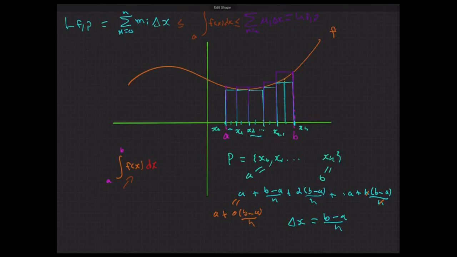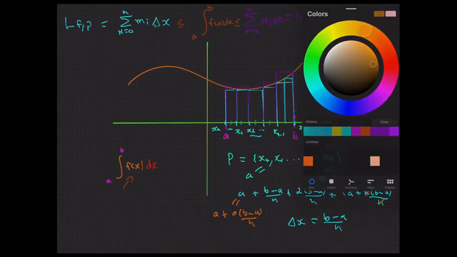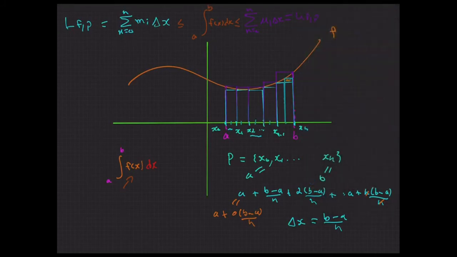But on the second interval, the right one, the minimum point is now this. That is the new minimum on this interval. So my lower sum rectangle here becomes this one, and we can see that this amount got added to the lower sum. So it got bigger. The lower sum could stay the same depending on how you pick them, but it will always either stay the same or increase.